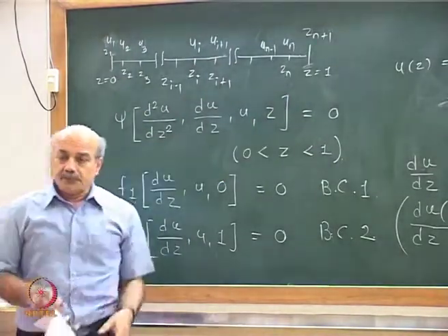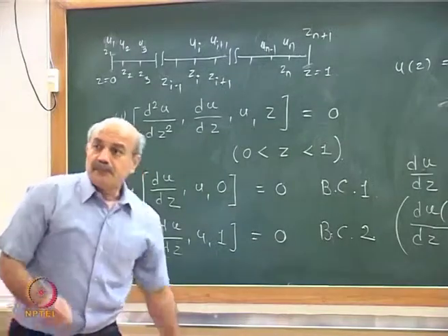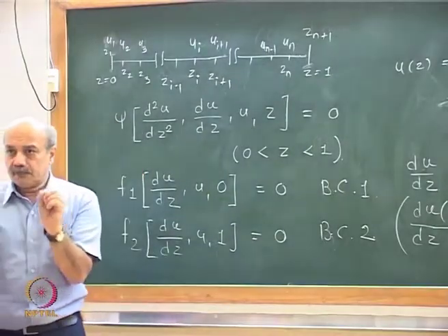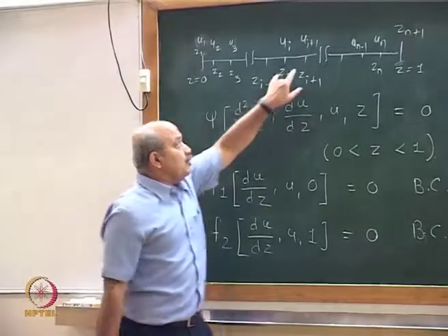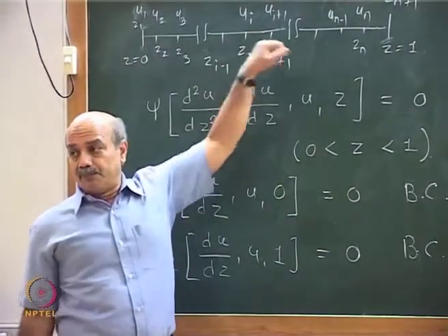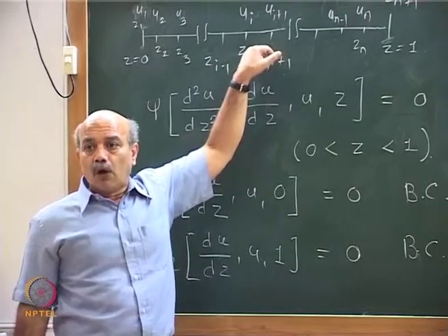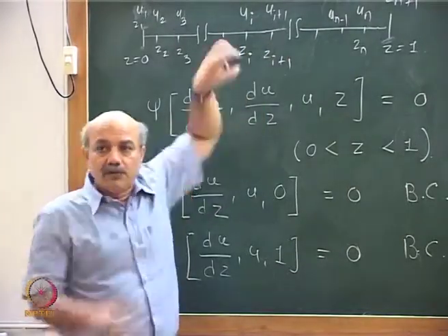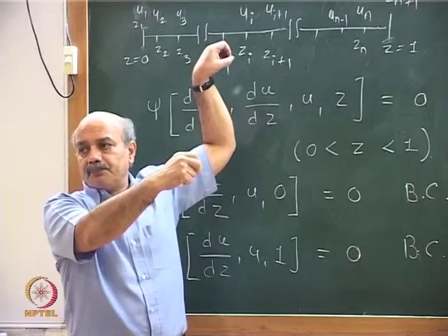See what has happened. When you do finite difference, you express the local derivative using only neighboring points, or you express the second derivative only using neighboring points.